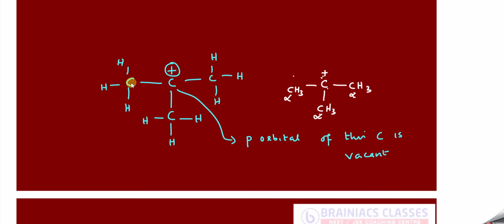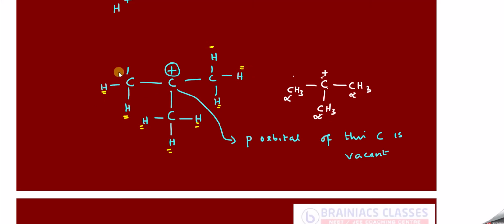So the hydrogen atom on a nearby carbon will leave as H plus. It is not mandatory that this particular hydrogen atom should leave. Any of these can go. All are near to this one.